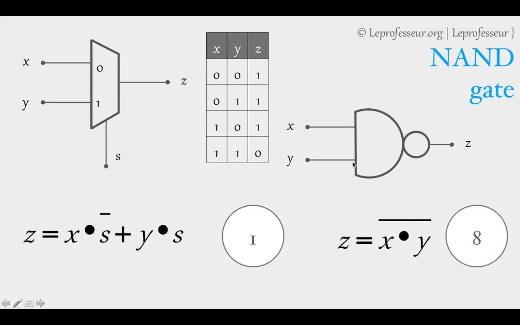Now we can write a characteristic equation in the form of equation 8 for this NAND gate. If we solve this equation, we can also write this Boolean equation in another form, x bar plus y bar, and bingo, that is nothing but the OR operation of 2 negations, of whatever is coming on input 1 and whatever is coming on input 2.